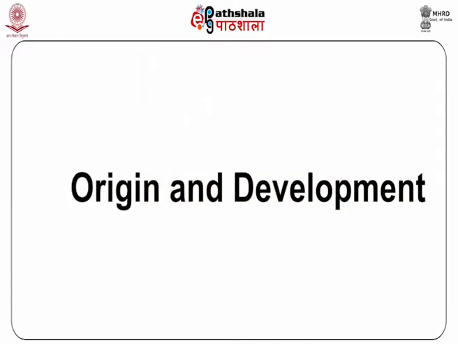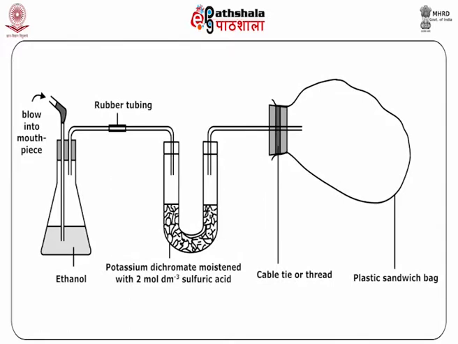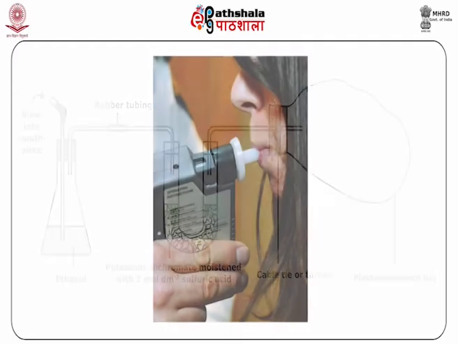Origin and development. In 1927, Emil Bogen took the initiative and determined that the alcohol content of 2 liters of expired air was a little more than that in 1 ml of urine, by collecting this air in a football bladder and then testing it for alcohol traces.